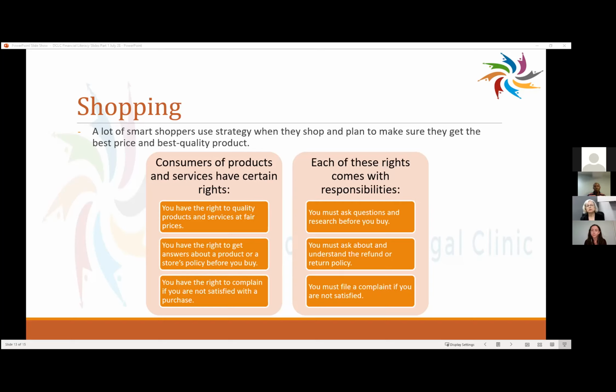Only shop on secure sites. To be certain that the page you're on is secure, secure means they're not going to steal your information, your identity, or your money. To make sure it's secure, look for the tiny padlock icon in the corner of your browser's URL bar. It'll be a little padlock.